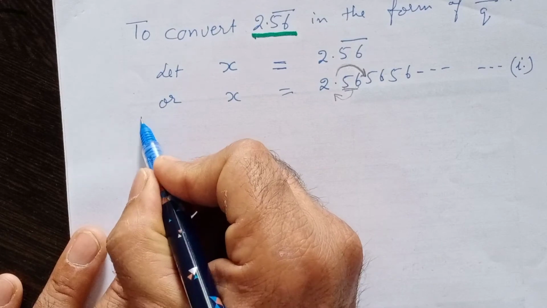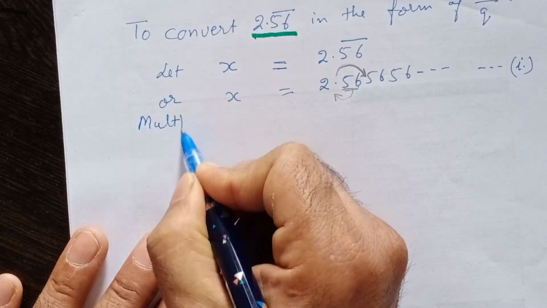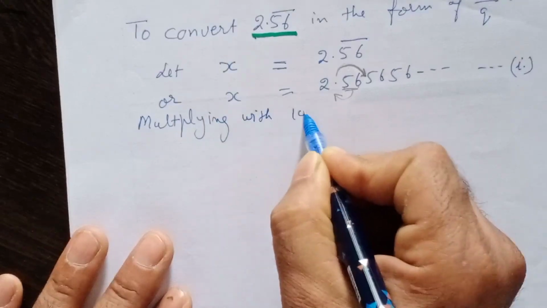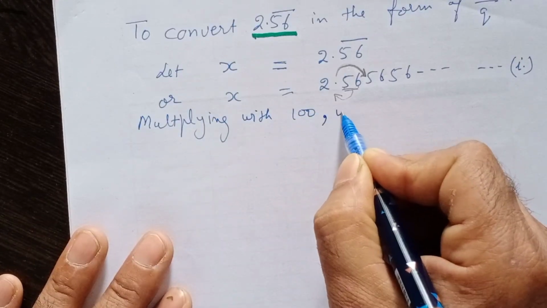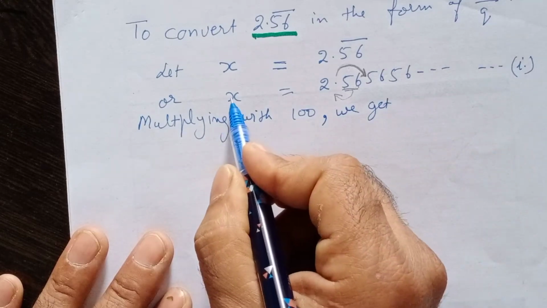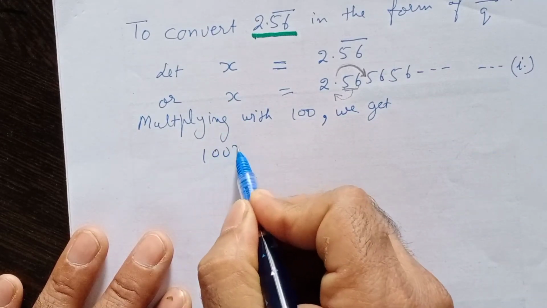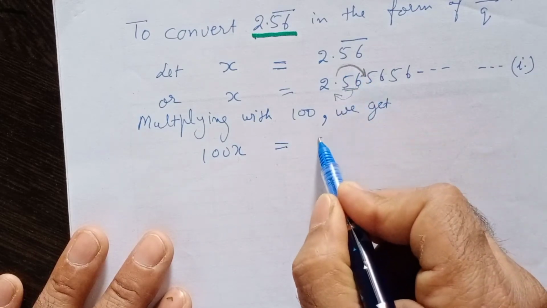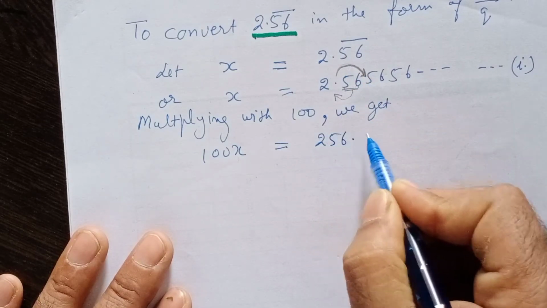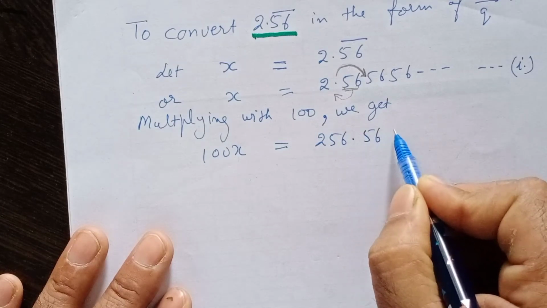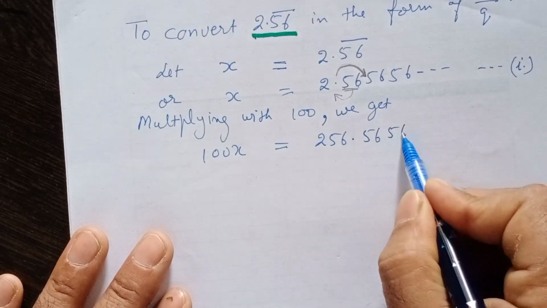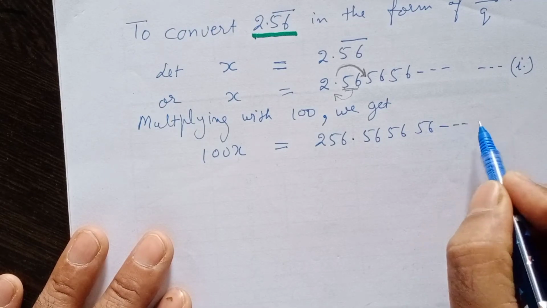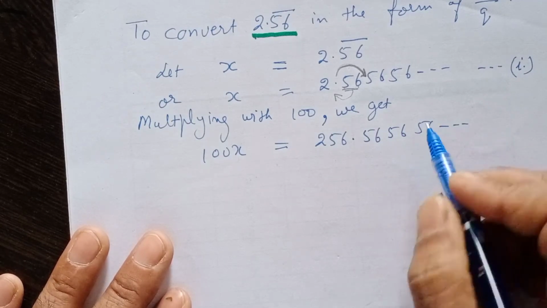So let us write down: multiplying with 100, we get 100 into x, 100x. And here the decimal goes to this place. So here we are getting 256.56. Let us write 56 one more time, because it is unlimited times: 5 6 5 6 5 6.